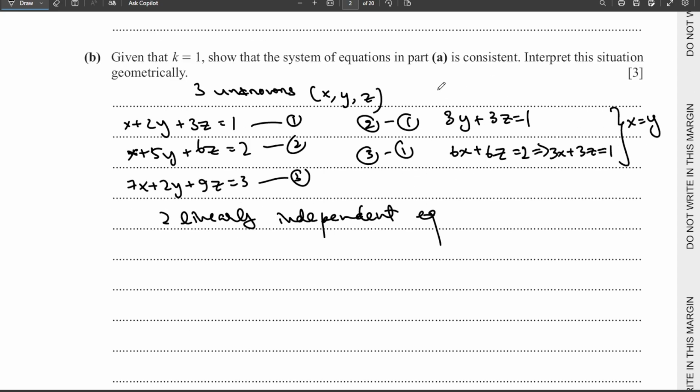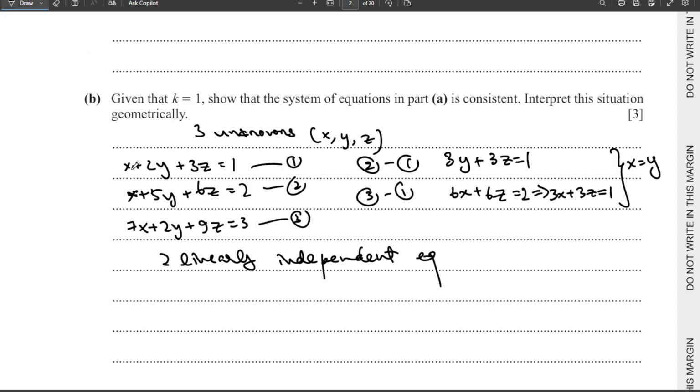We also want to interpret this situation geometrically. What we can observe here is that it's an x, y, and z situation, so it's definitely a 3D space. And x plus y plus z is the equation of a plane. We also know that x equals y, and this is where the arbitrary, unspecified variable comes in.